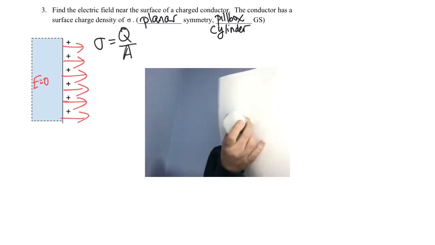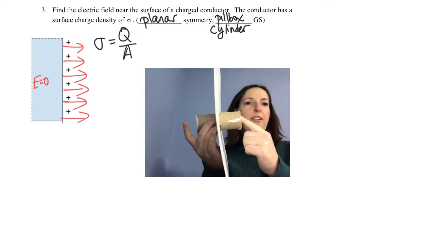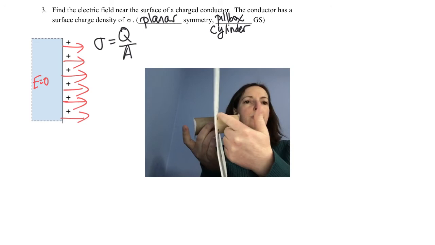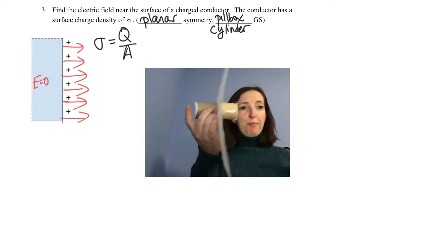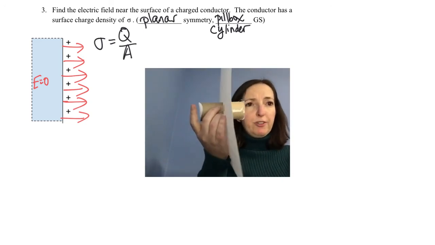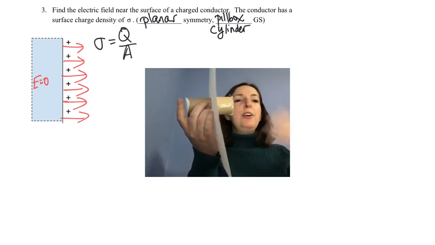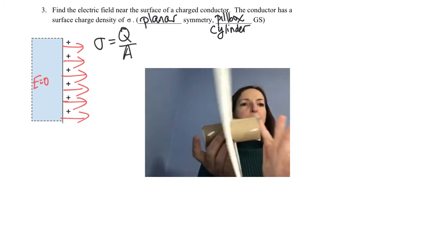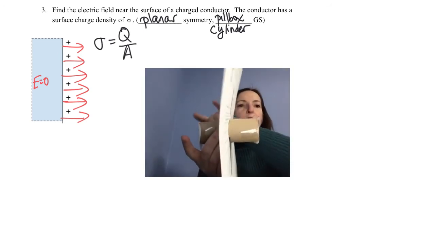It has end caps with area A, and if you want to call the cylinder's length L, that's fine. We may or may not use that, but as we define our Gaussian surfaces, it's always nice, like our spherical Gaussian surfaces had radius R.